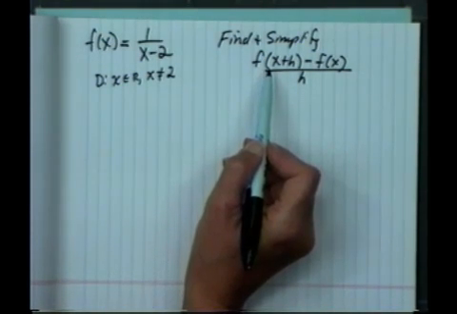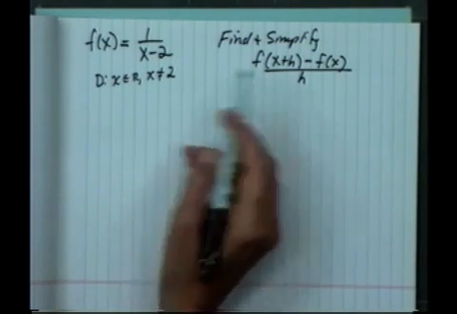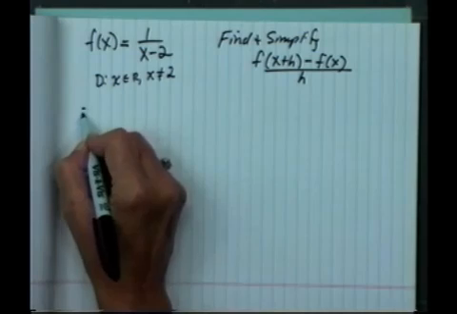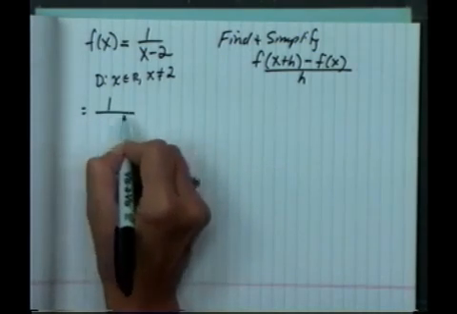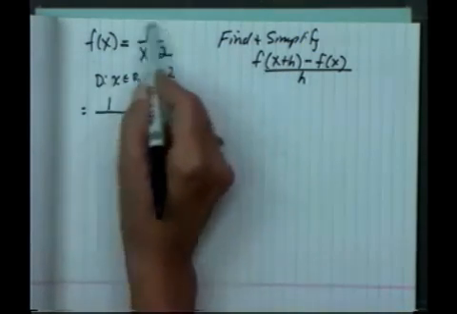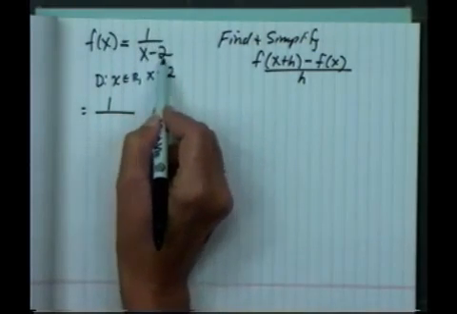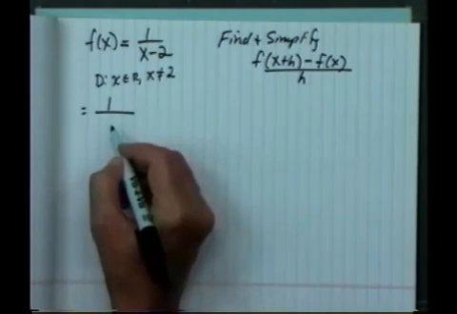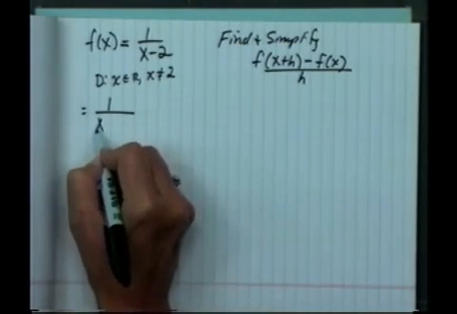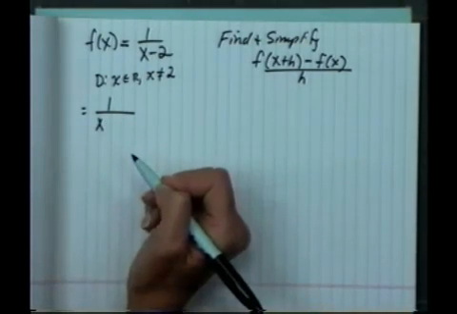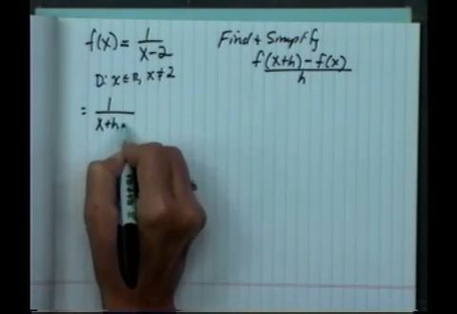What is f of x plus h? What is that? 1 over what? In my problem, if f of x is 1 over x minus 2, what is f of x plus h? 1 over what? x plus h minus 2. Yes.